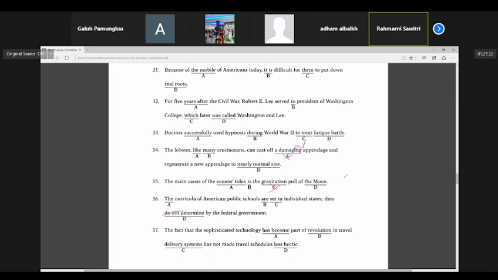What is the correct form? Revolution. What is the difference?